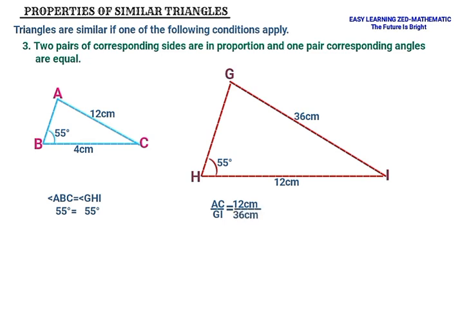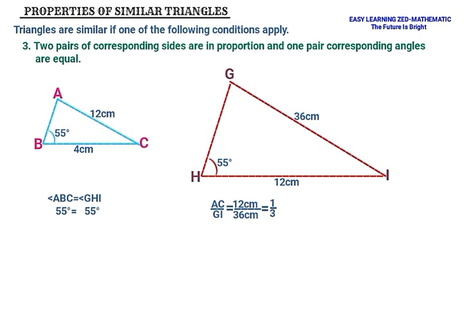So when we reduce these to the lowest ratio, we are going to get 1/3. It's more or less like we have divided both numbers by 12. 12 divided by 12 will give us 1. 36 divided by 12 will give us 3. So that's why I've come up with 1/3. That's the ratio.